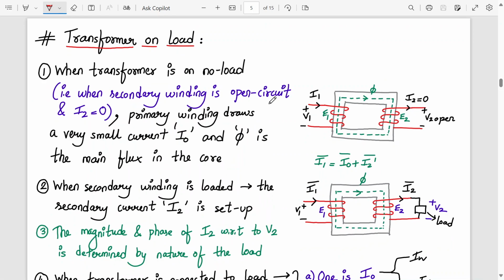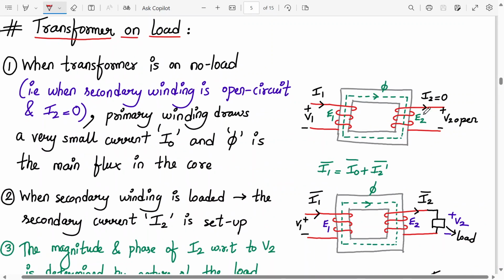We have studied transformer on no load and we have drawn its practical circuit, and now we have to draw the phasor diagram for transformer with load and without load. So when transformer is on no load, the secondary current is 0. So here you can see, when the secondary winding is open, that means I2 is 0.